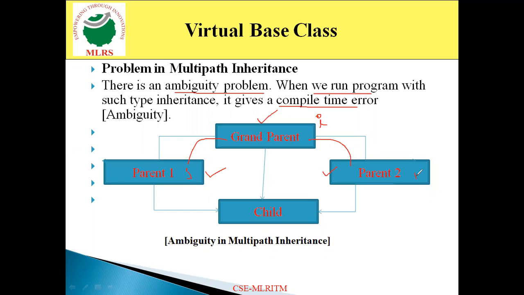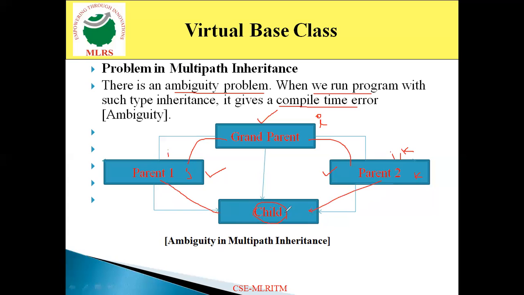Similarly, parent 2 also has its own data member, K. Now, when parent 1 is derived from grandparent, it consists of two data members in the class, I and J. Here also, when parent 2 is derived from grandparent, it consists of two data members, I and K. Now look at one more case. I am deriving one more class, the child class, from parent 1 and parent 2.